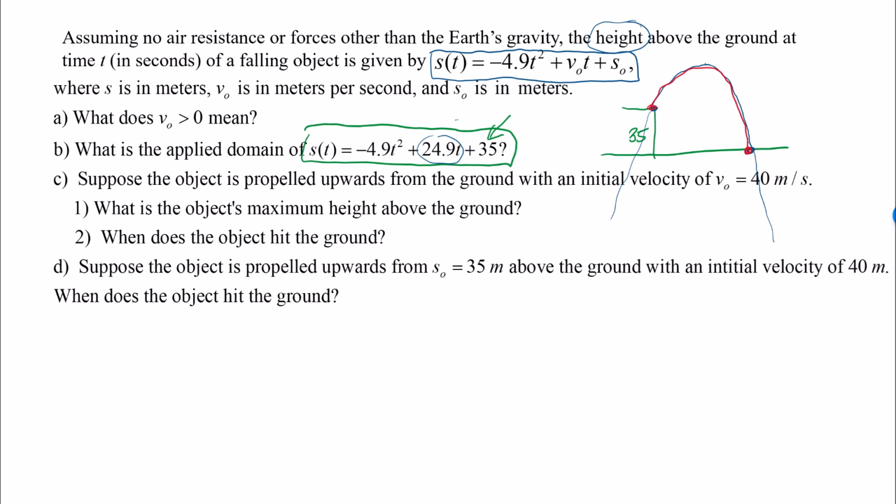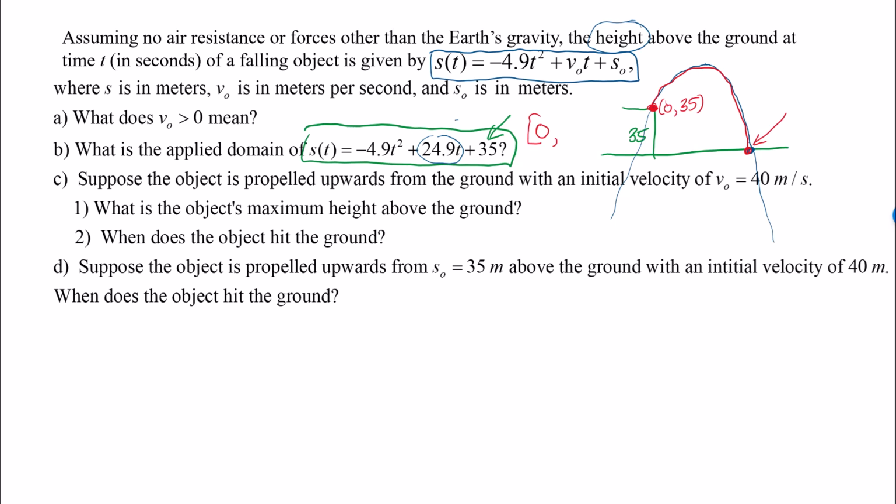So we know the left-hand side of that will be when time equals 0, and if we put 0 in this function for t, we'll be at 35, and that'll give us this starting point right here, because that is the point (0, 35). So that's where our model starts, but then it's going to stop at the point when this object is on the ground. So we've got to find that point.